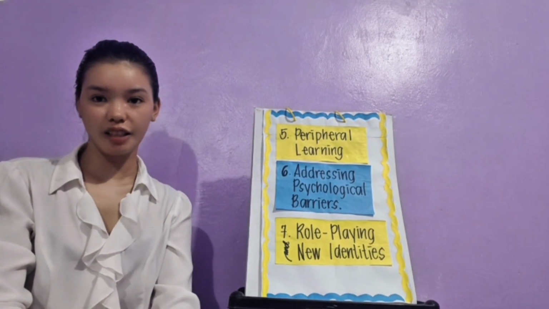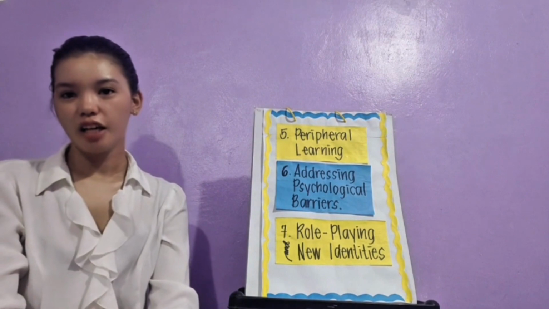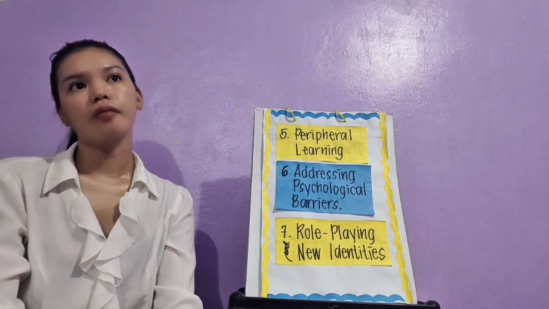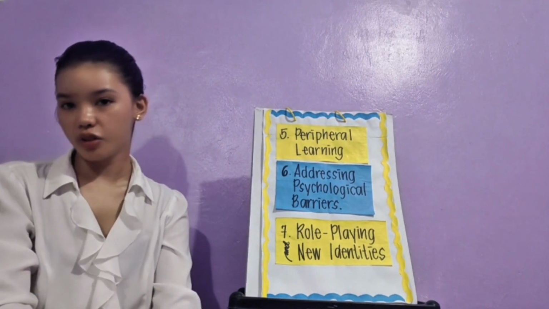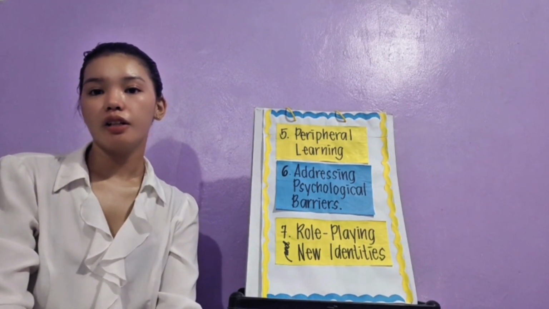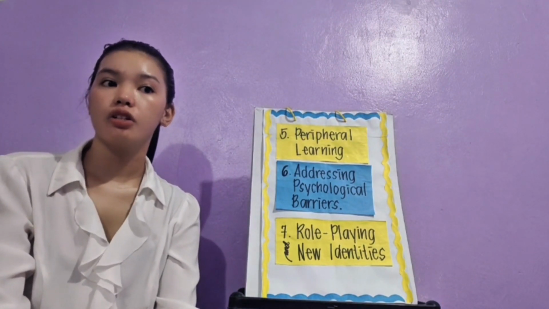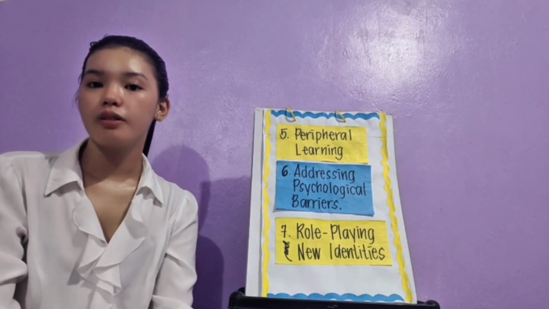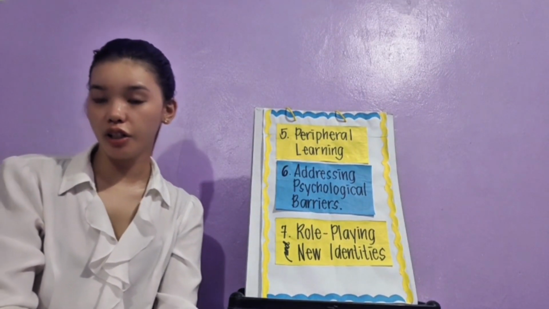So let's move on to the sixth principle of the Desuggestopedia. It is addressing the psychological barriers. It is somewhat connected to the third principle of the Desuggestopedia, which is suggestion as a tool. Kasi dito, once the students can address their lackings, what they need, and what the teacher needs to do or improve, of course, they can express the psychological barriers that hinder their learning.